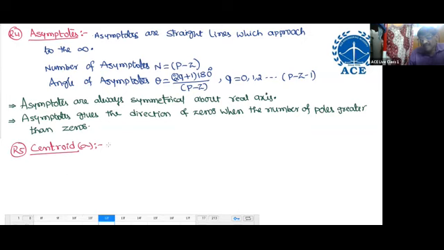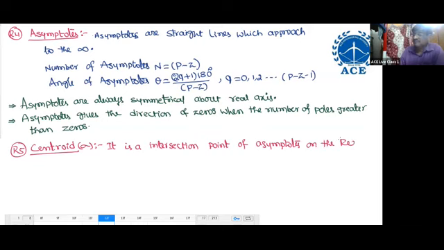It is the intersection point of asymptotes on the real axis.